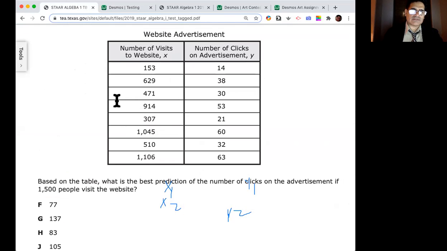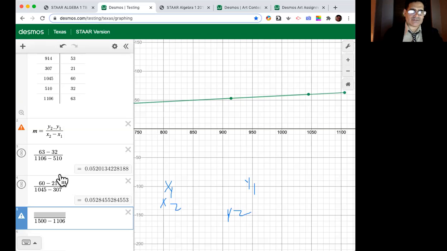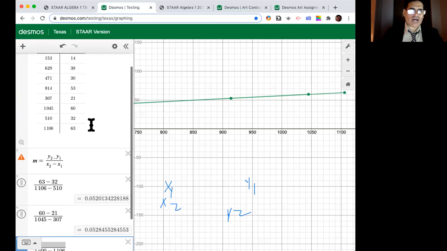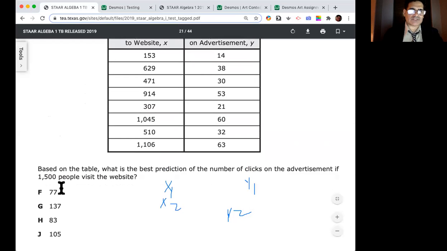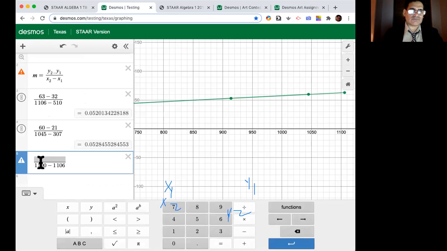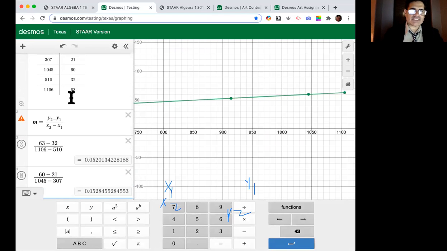Okay, that's the given. 1,500 over this next, what's the x1 value? That's the denominator. And our y value is some number, presumably one of these numbers. So let's try 77 over the next number, 77 over 63.